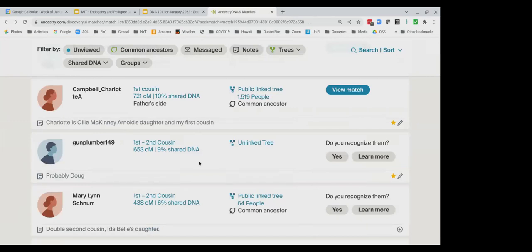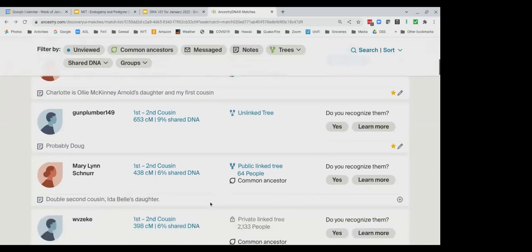Absolutely. This is as good a piece of information as you can get. For example, with Mary Lynn Schnurr, I'm going to give you an example later. Let's hold that thought. But you add them because they begin to add names that you would not otherwise know.